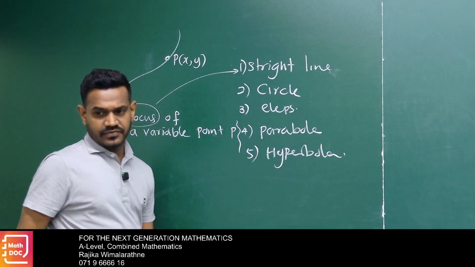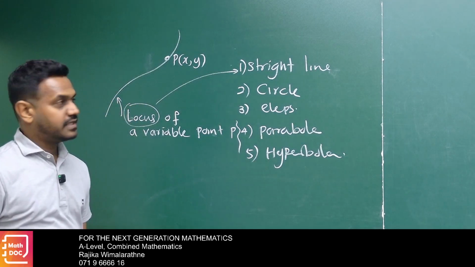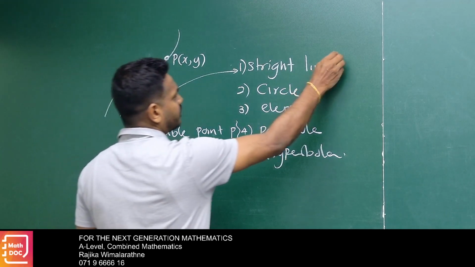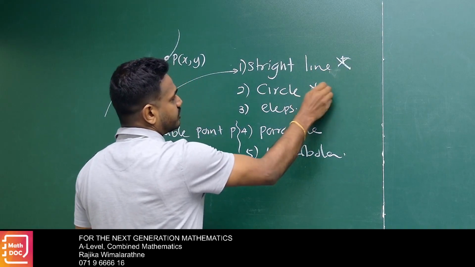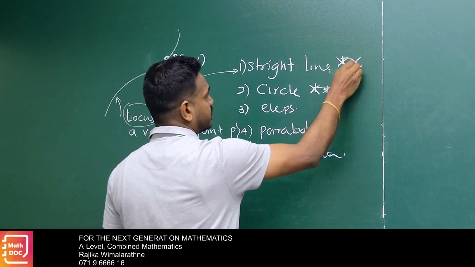Likewise, there are different types of locus. So here we are going to discuss mainly straight lines and circles only.